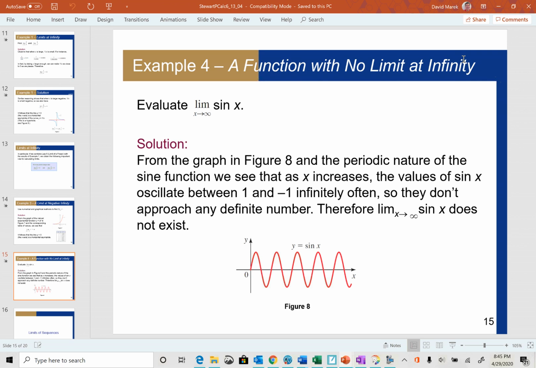It's a periodic function. It's cyclical. It oscillates between positive 1 and negative 1 and positive 1 and negative 1 infinitely. It does not approach any one single value. So yes, the limit as x approaches positive infinity of sine of x does not exist. Yay, everybody cheers for a DNE.